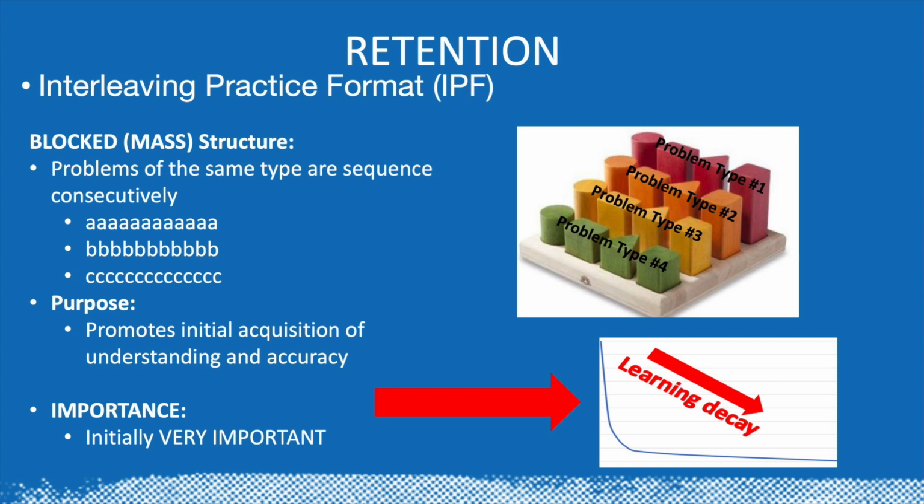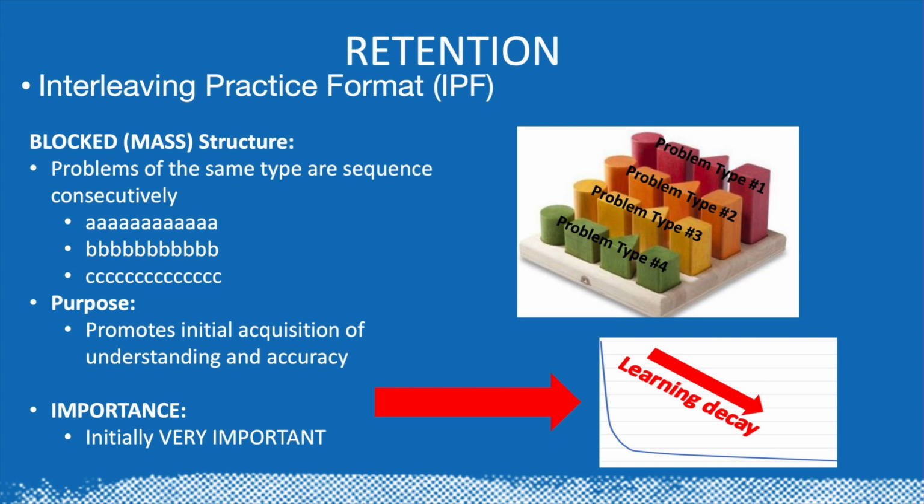When you see kids practicing the same type of problem consecutively, that is called blocked practice. Now, block practice is very important in the initial acquisition of learning. In other words, it helps kids become proficient and learn the skill in the moment. But what we've learned is that block practice does not produce long-term retention.